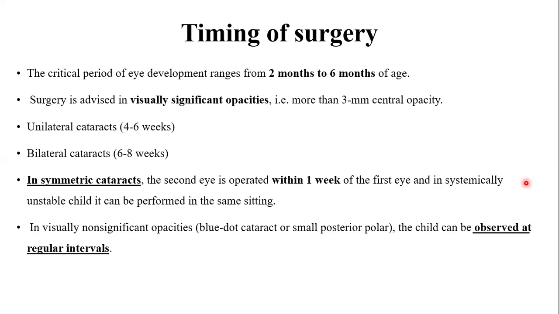I have seen many children who start with an anterior polar cataract, but with time, they develop cortical cataract or nuclear cataract around the anterior polar cataract. So never tell the parents of those children that you don't need any further follow-ups. You need to observe them at regular intervals to see if that cataract progresses and becomes significant or not.